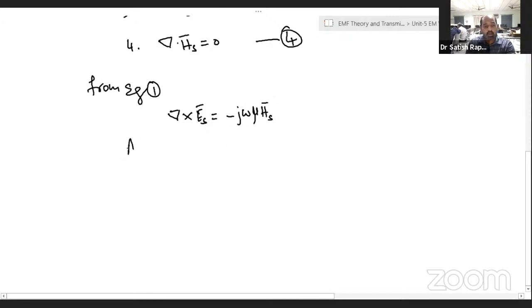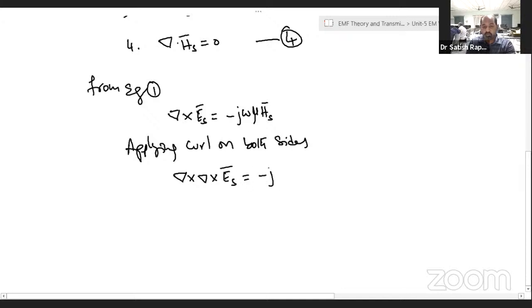Applying curl on both sides, curl of curl of Es bar is equal to minus j omega mu del cross Hs bar.